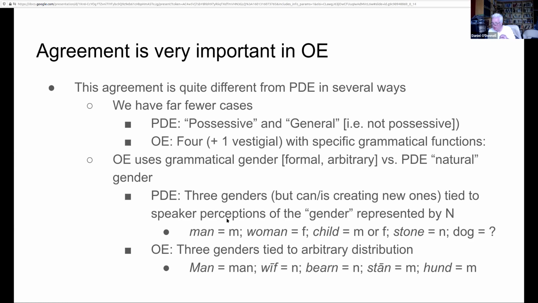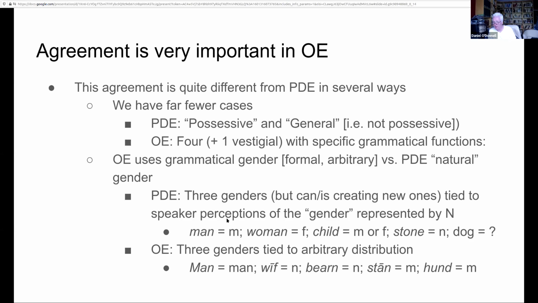But in Old English, it's an arbitrary distinction. So man, they also thought that men were men. It was masculine. But with woman, they also recognized that women were feminine people, but it was a neuter word.